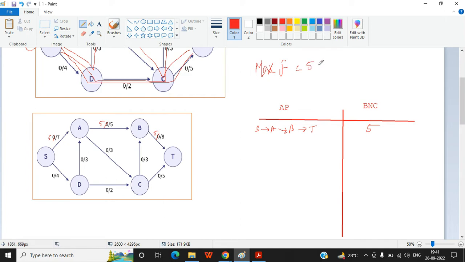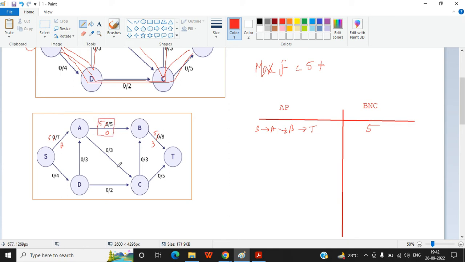Okay, so if you give flow 5 to all the edges, then calculate the residual capacity. What will be the residual capacity? 2 over there, there is 0, and it is 3. Now see, this becomes 0.